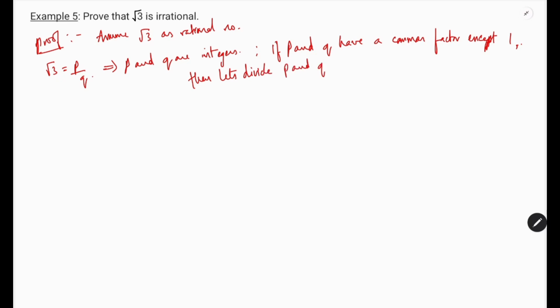So if P and Q have a common factor except one, then let's divide P and Q with that common factor.